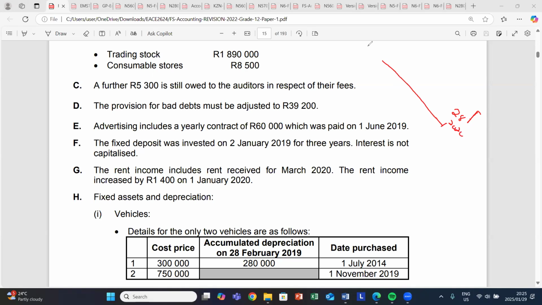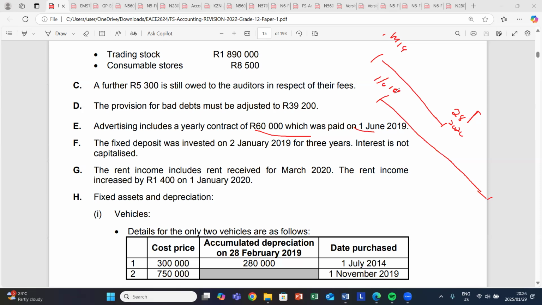Meaning our business financial year began on the 1st of March 2019. But with regards to advertising, they paid a yearly premium of 60,000 Rand on the 1st of June, meaning the advertising financial year commenced on the 1st of June 2019. It's going to end 12 months later.